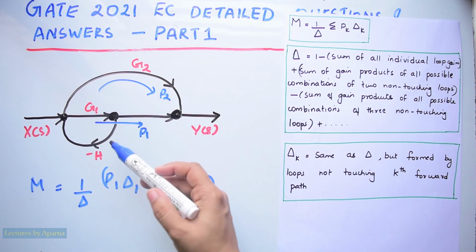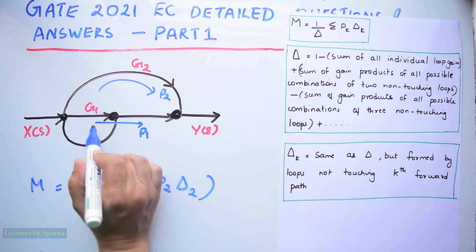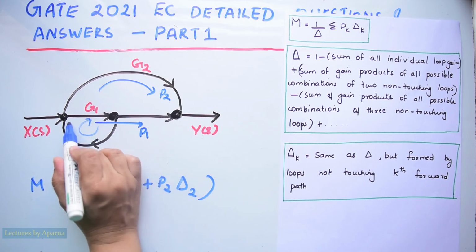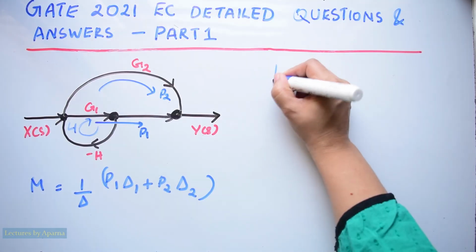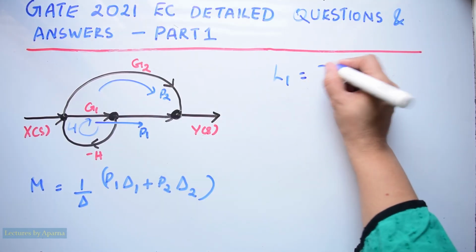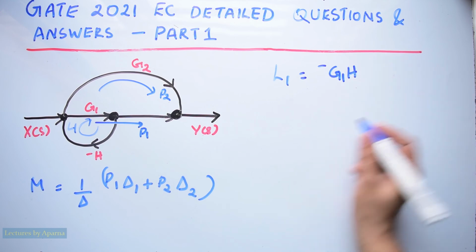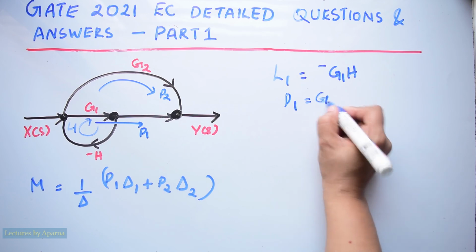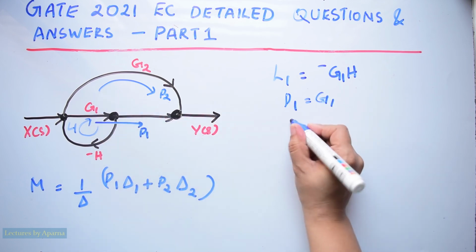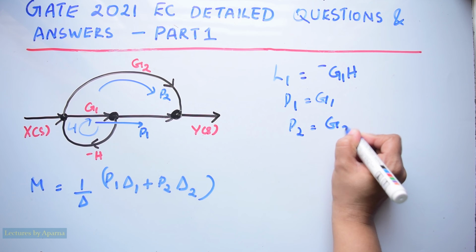So here we can see that there is only one loop. This is the only loop present here. Let it be loop L1. The gain of this loop L1 is equal to minus G1H. And the forward path gain P1 is equal to G1 and the forward path gain P2 is equal to G2.